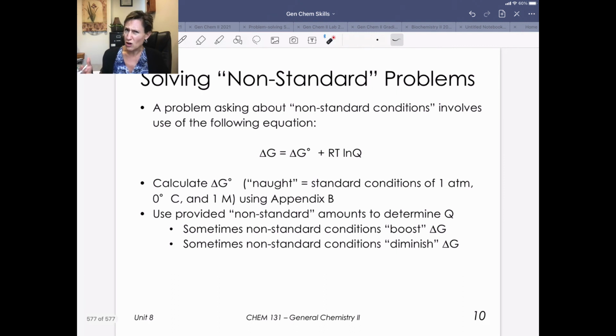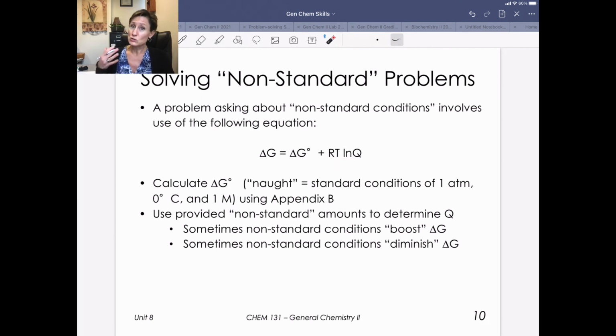All right, so how would you solve a problem that has to do with these non-standard conditions? You'll need to use this equation, and basically you're going to calculate delta G naught using Appendix B or the other ways we've talked about that you could calculate delta G naught. Then you will use the non-standard conditions that are provided to calculate Q and then correspondingly the RT ln Q piece.